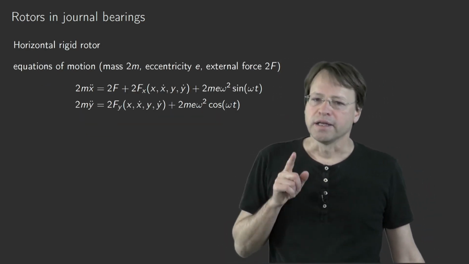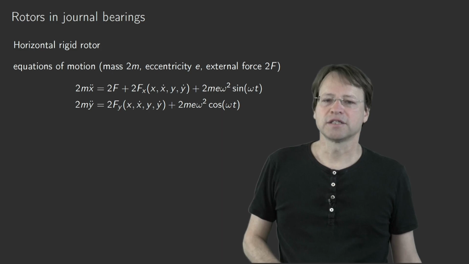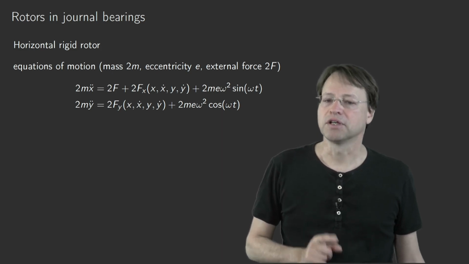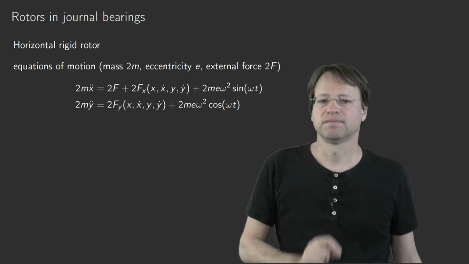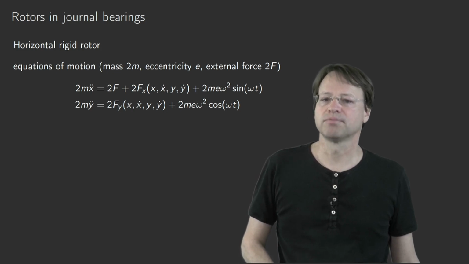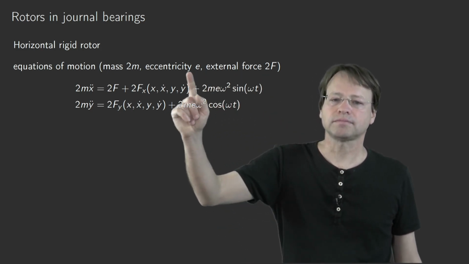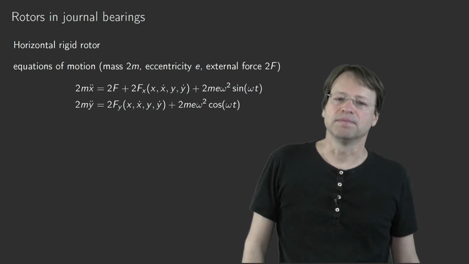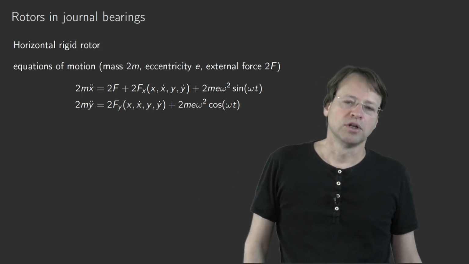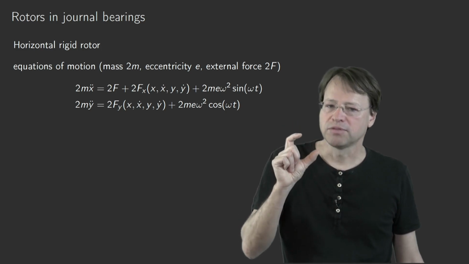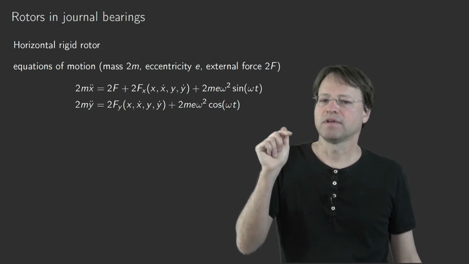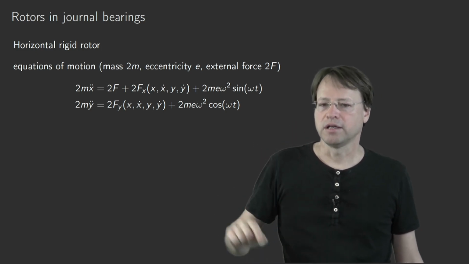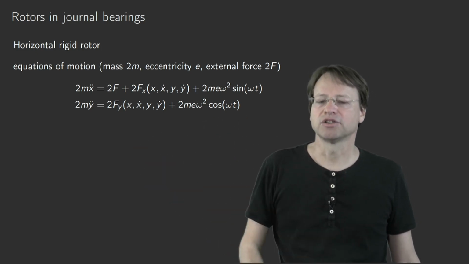Now it is very important to understand the setting here in this chapter, because there is one subtle difference to the previous chapter, namely the eccentricity e. The eccentricity e does not refer to the displacement of the shaft within the bearing. It's not what we measured in the last chapter.